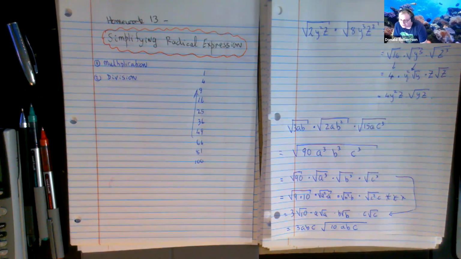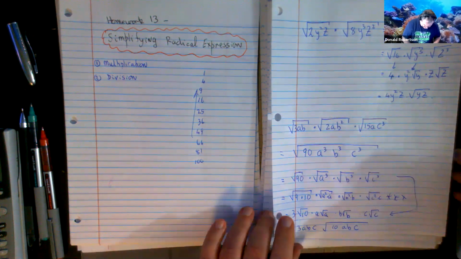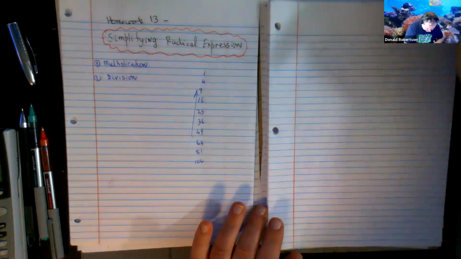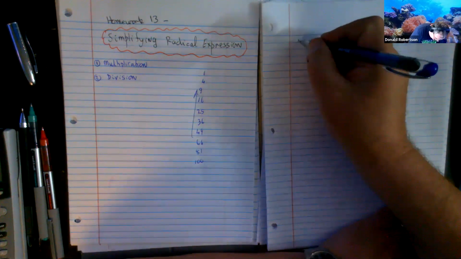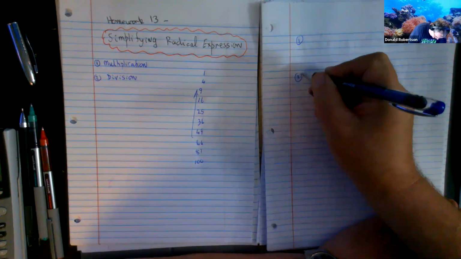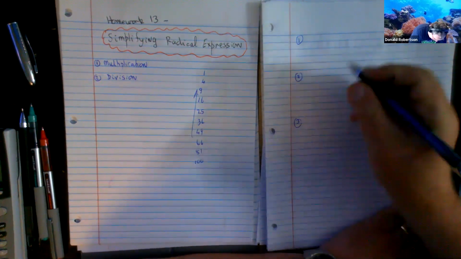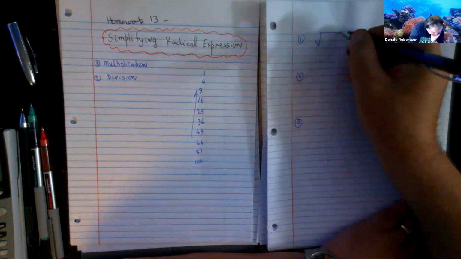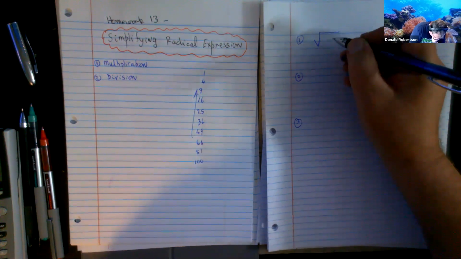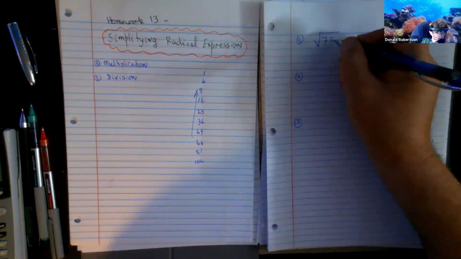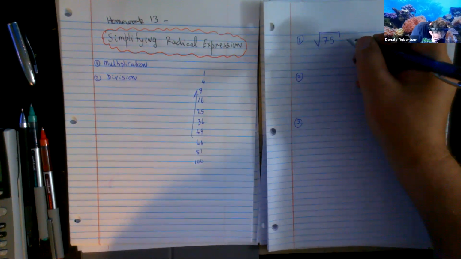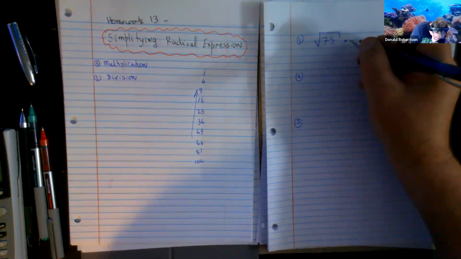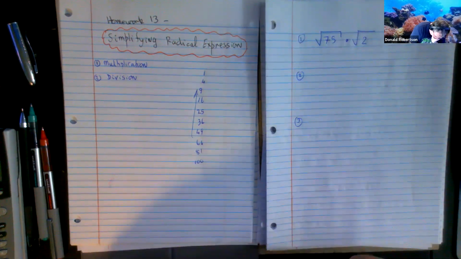And that's essentially the process for multiplying and simplifying radicals. So let's give you something to try. I think I'll give you 3. There's one with numbers.